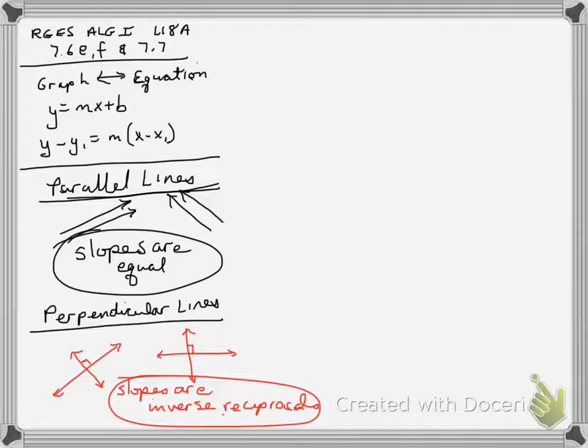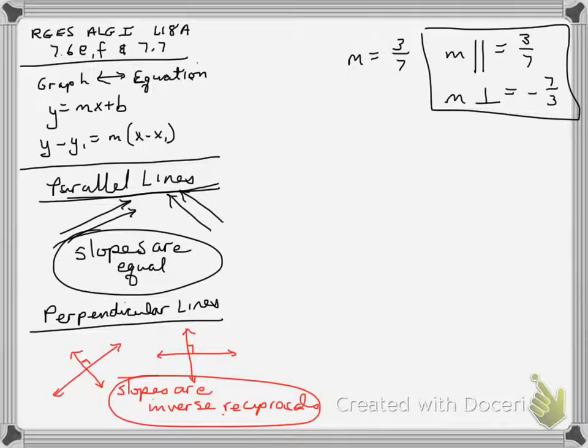So let me give you a couple examples of what that would mean. Okay, if the slope of a line is 3/7, then the slope of the parallel line is 3/7. The slope of the perpendicular line, there's my abbreviation for parallel and perpendicular, is the opposite sign, negative, the reciprocal, 7/3.